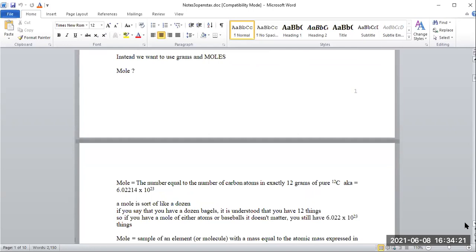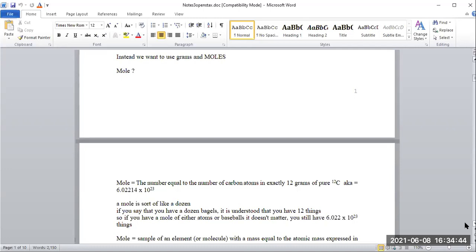If you go shopping at Office Max, it is possible to buy a gross of ink pens, 144, or a ream of paper, which is 500 sheets. So mole is that kind of a collective word.